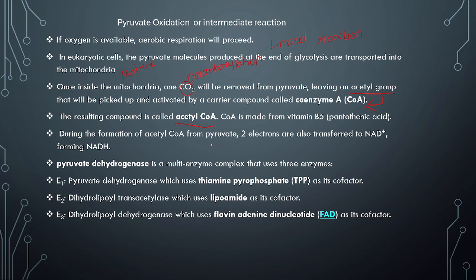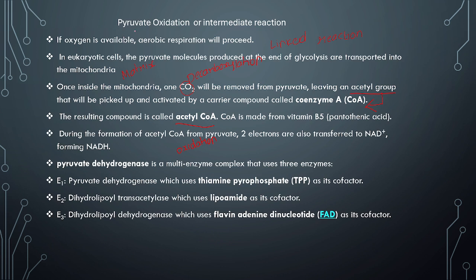Removal of hydrogen ions or electrons from any compound is called oxidation, hence the name pyruvate oxidation.